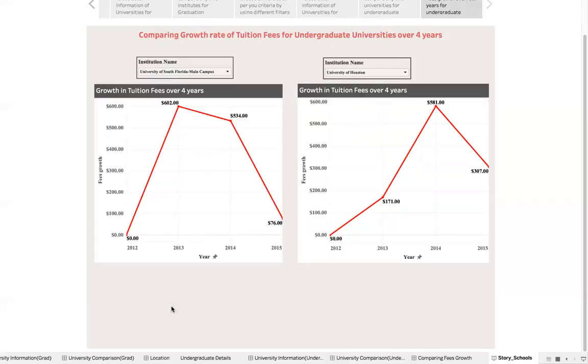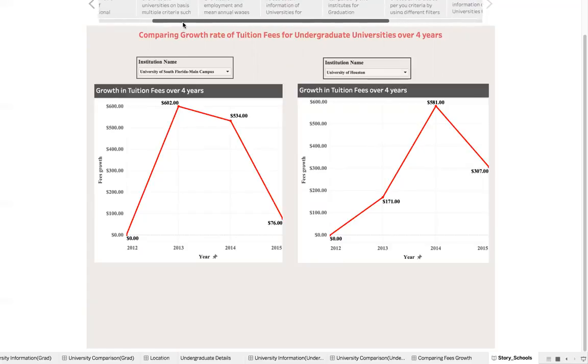So here we can see that in University of South Florida, in the first year the fees growth is $602, and after the first year the growth in fees in University of Houston is just $171. So this gives an idea of how the growth rate is, and by what amount the fees increase in all the universities, which will help students plan their finances.